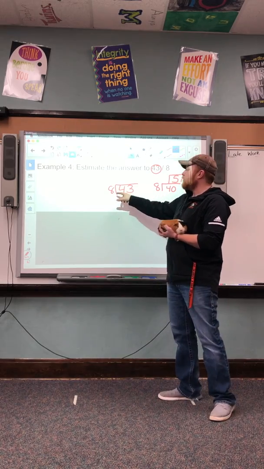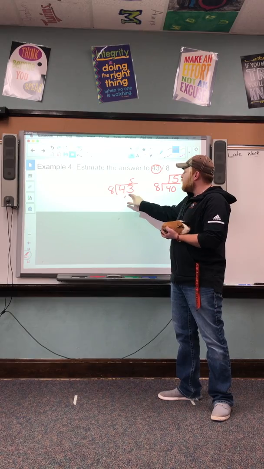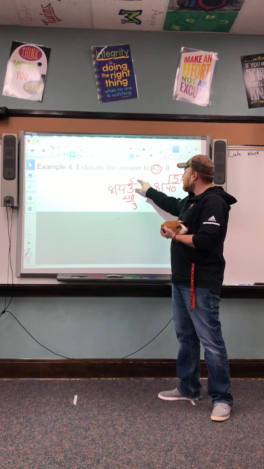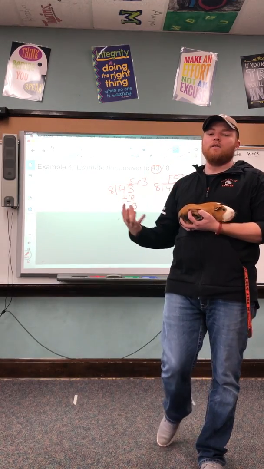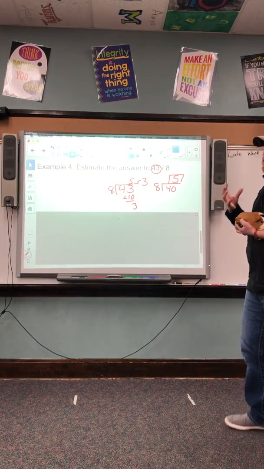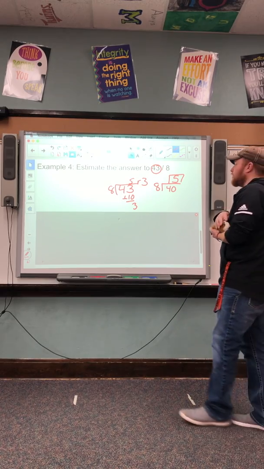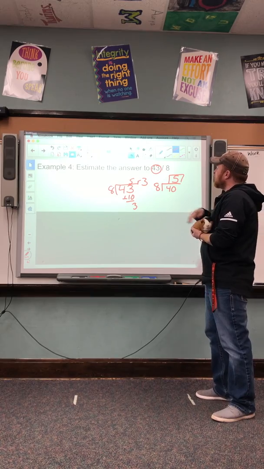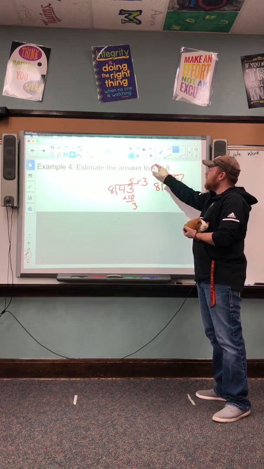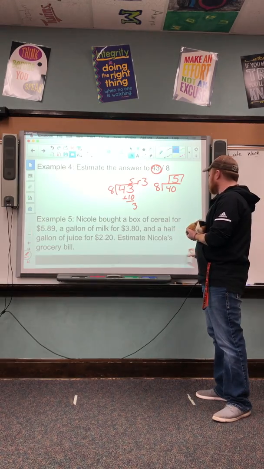Because if we went 43 divided by 8, we would get 5 remainder 3. When we estimate, we want to get a whole number. We don't want remainders. So we want to make sure we round this number to a compatible number with 8, a number that 8 can go into.